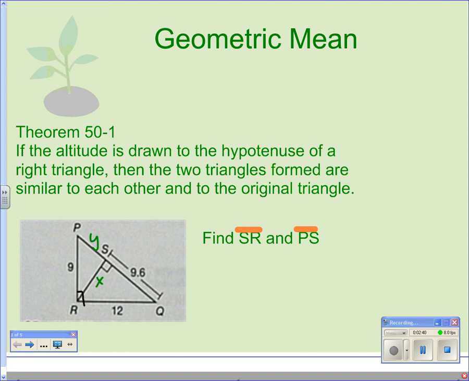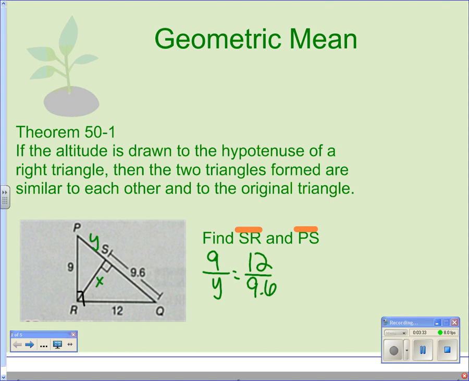Any ideas how you could find RS and PS? Okay, what proportion would you use? 9.6, okay.